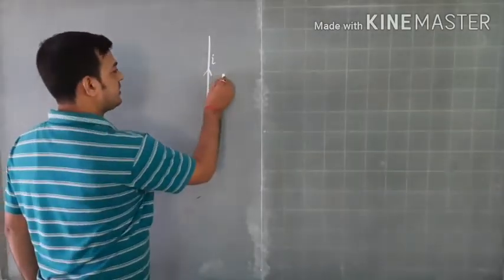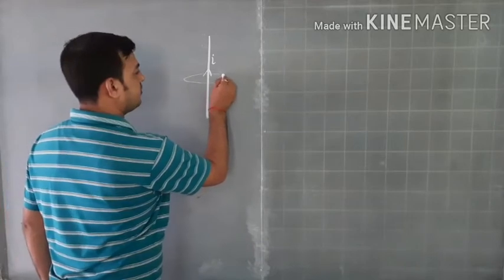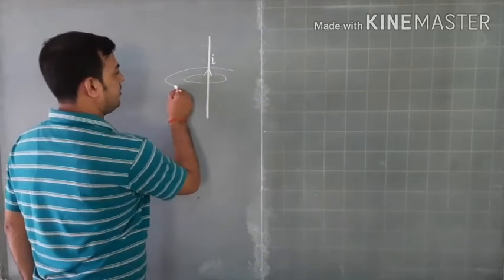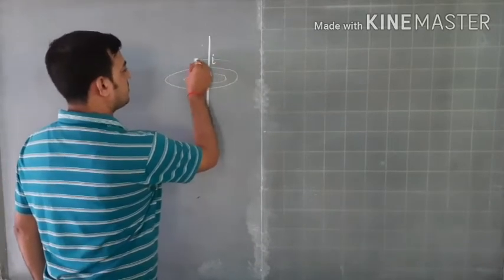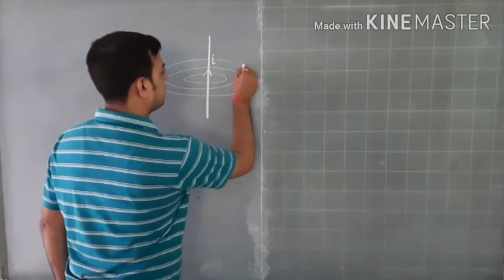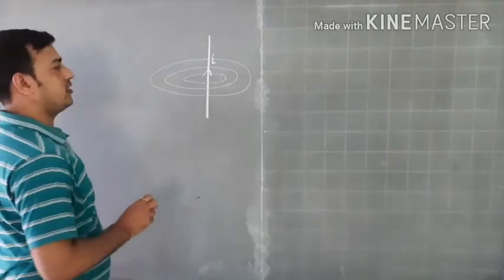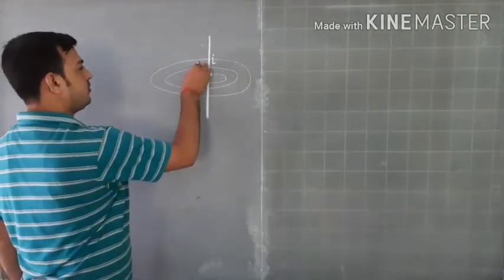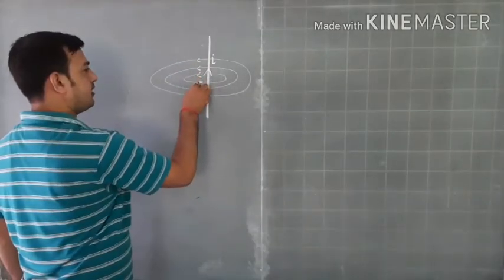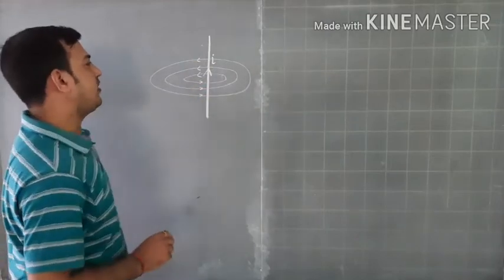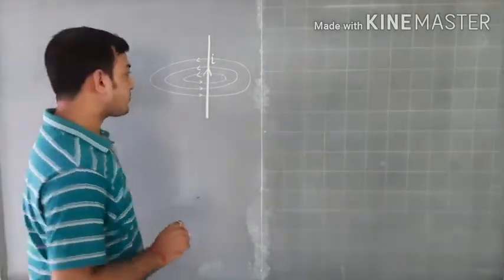And for this case, if the wire is straight, we know that magnetic field lines are circular with the wire at the center, and since the current is in the upward direction, then by the law we know that the magnetic field lines will be in the anti-clockwise direction.